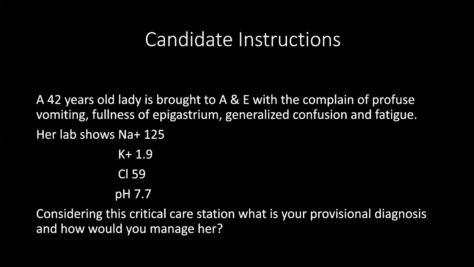There is another condition which also results because of this. Because of hypovolemia, the patient will also present with what? Increased creatinine and urea will be high, and bicarbonate will be increased. Why?